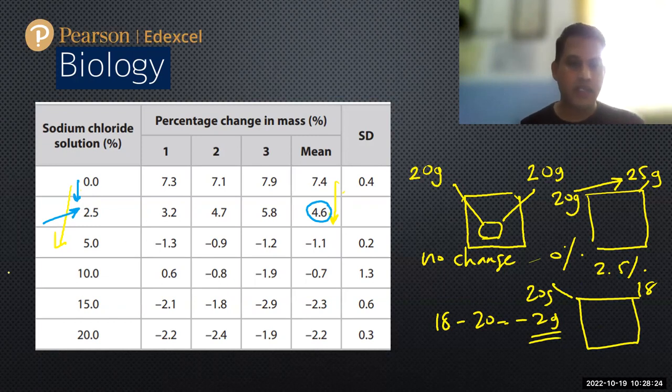And we can say the first conclusion is that increasing to 2.5%, the weight increases by 4.6, and at subsequent concentrations of 5, 10, 15, 20, the weight decreased.